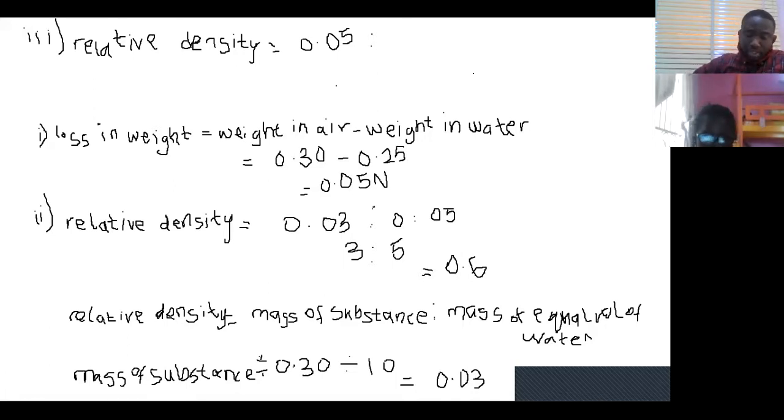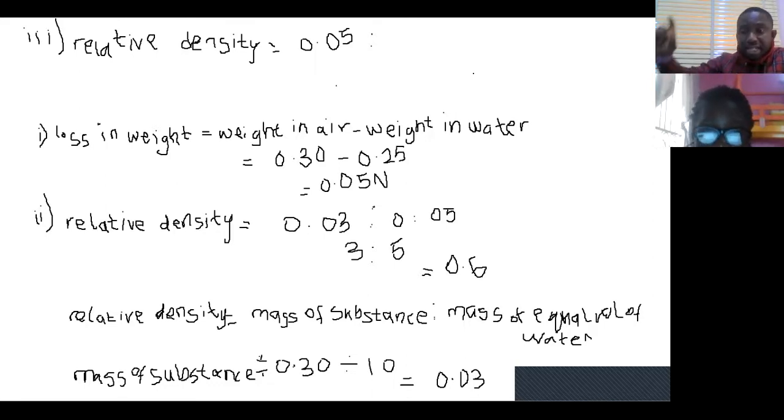And number three is the upthrust in liquid divided by the upthrust in water. Now, for us to get upthrust, remember, upthrust is the weight of a substance minus its weight in a liquid.